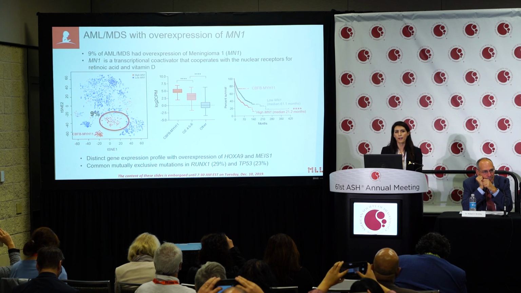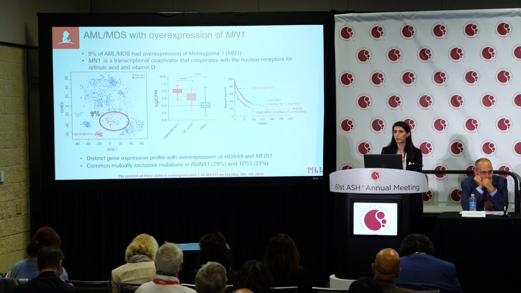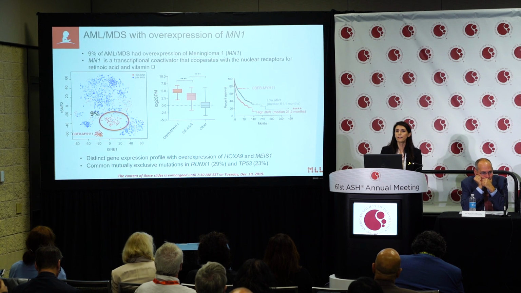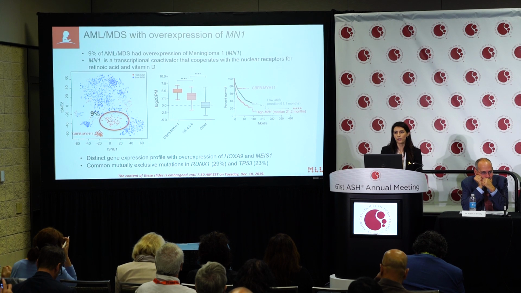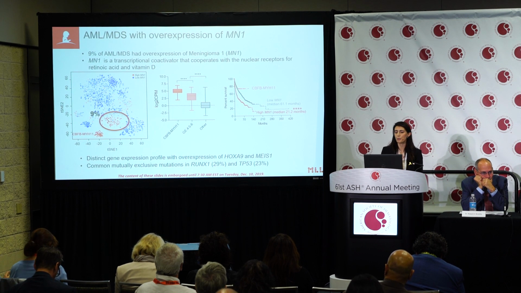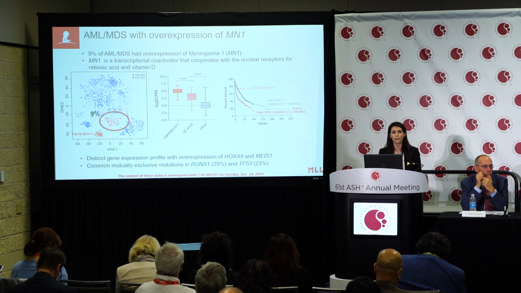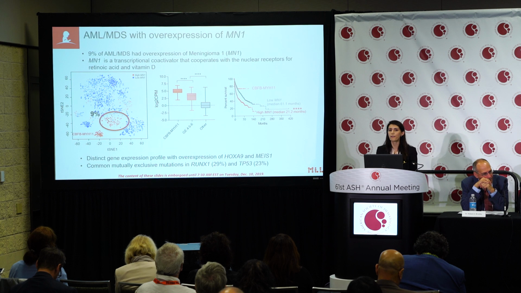By unsupervised hierarchical clustering, we were able to define different gene expression subgroups characterized by specific mutational patterns, and we identified 9% of cases that showed the overexpression of a gene called MN1, which is a transcriptional coactivator that cooperates with the nuclear receptors for retinoic acid and vitamin D. We showed that this group, in apparent contradiction to the good outcome of core-binding factor rearranged leukemia that also overexpresses the same gene, has a very poor outcome.